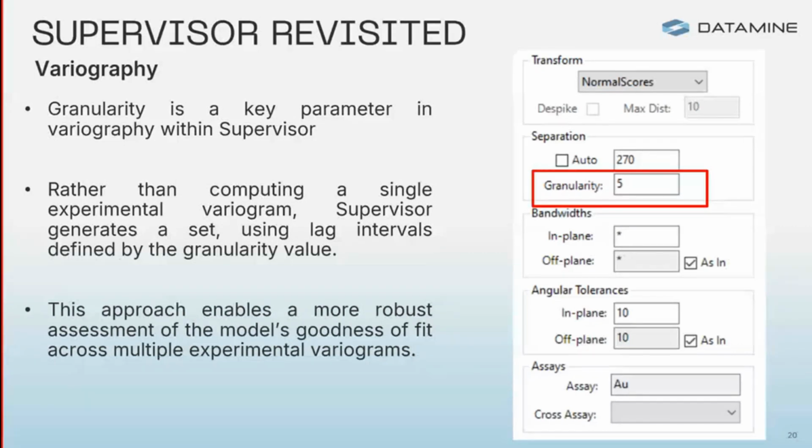And this approach enables a more robust assessment of the goodness of fitting. I'm going to show you exactly what I mean with the granularity when I show you Supervisor, but this is an important parameter.